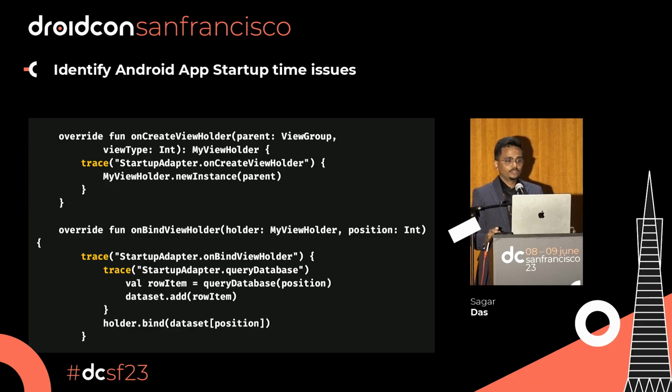For example, if you are rendering a list using RecyclerView, and here's an example RecyclerView adapter, we can wrap a particular call or a block of code within a trace instance. If I were to write a macro benchmark test case targeting this particular screen, in the results section, alongside the startup time, you're going to see how much time it took for performing this particular action, like creating a view holder, and binding a view holder.